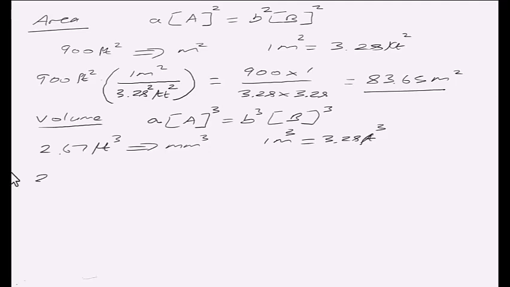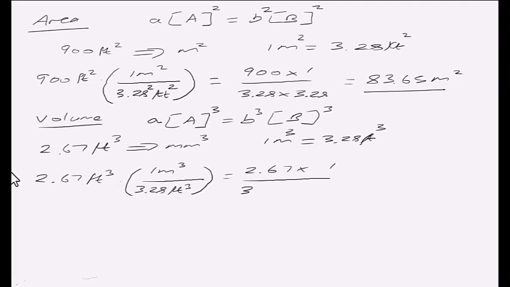So we write out our number, 2.67 feet cubed, and multiply it by our conversion factor. 1 meter cubed divided by 3.28 feet cubed, which is equal to 2.67 times by 1 divided by 3.28 times by 3.28 times by 3.28, because it's cubed.